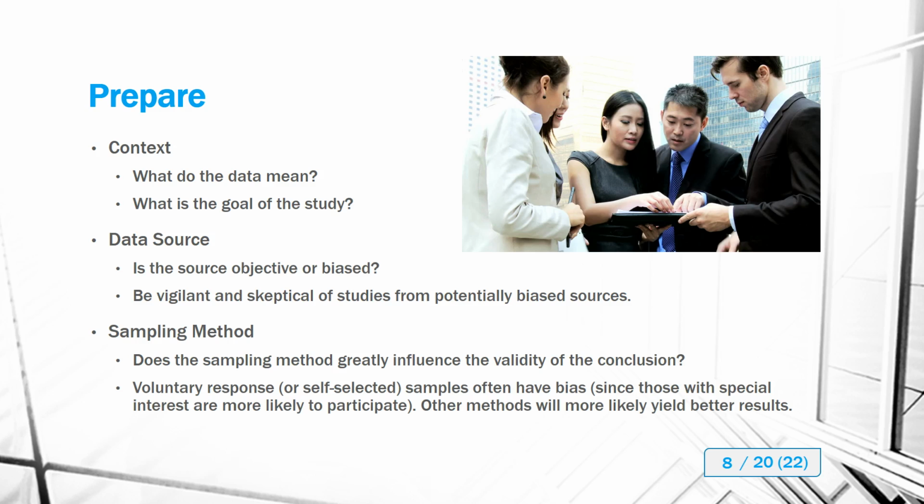Okay, then we have to look at, where's our data going to come from? If there's a strong bias in the data, then that's going to affect the validity of the results. So for example, let's say that a candy company supports and finances a statistical study about chocolate, and the study concludes that chocolate is good for your health.